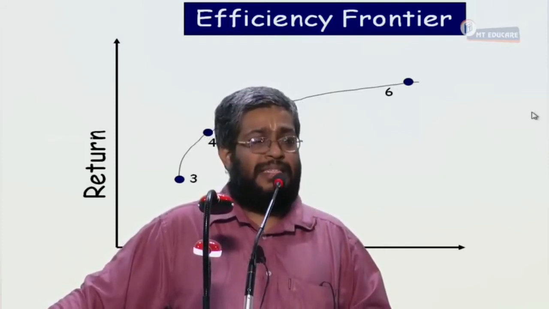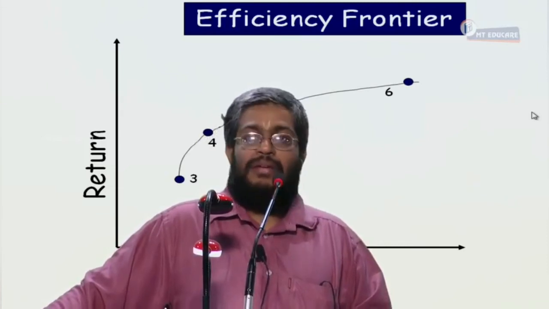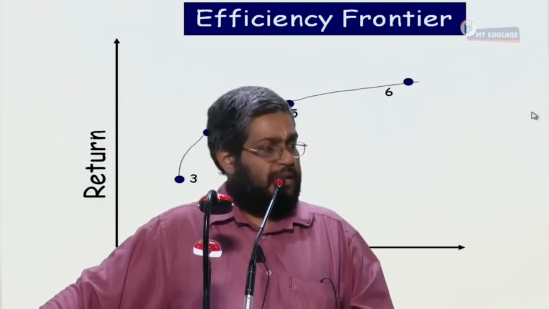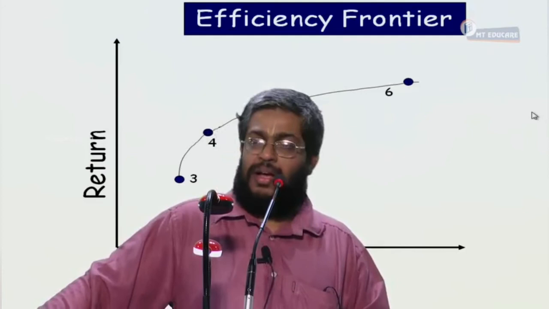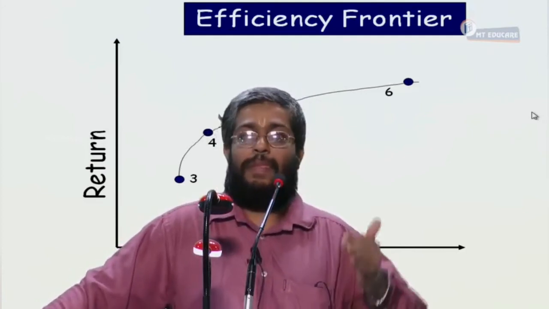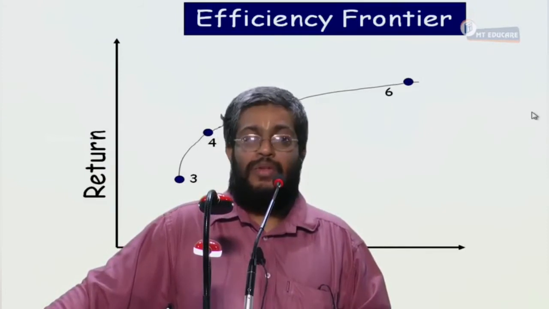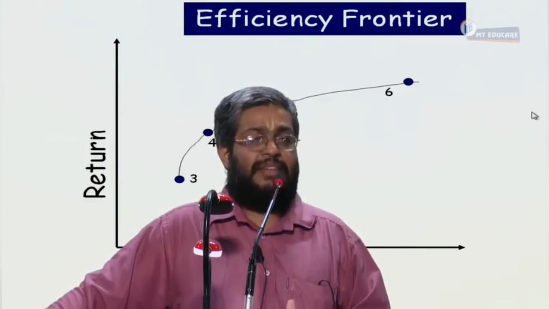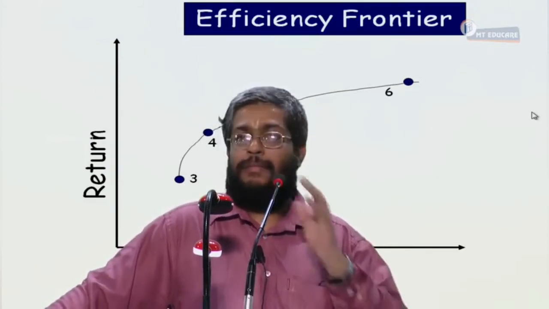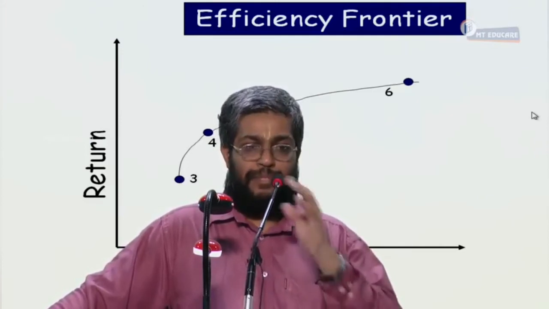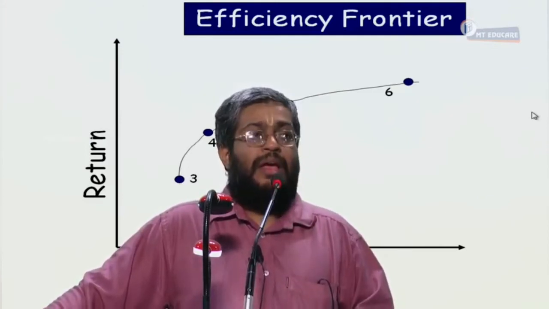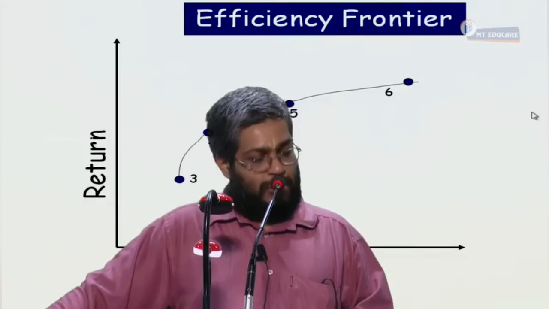Third branch, risk averse. Go to the first branch, risk lovers, and write it down.